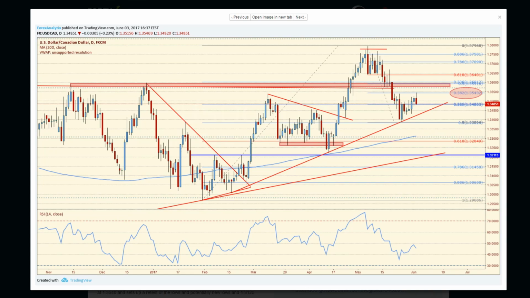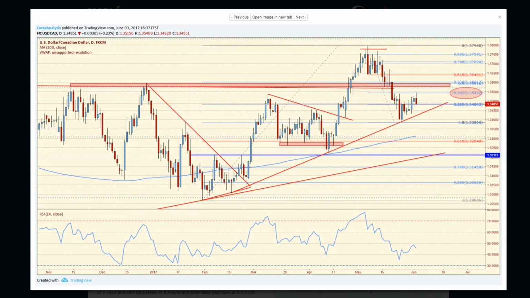So for the dollar Canadian, considering that the US dollar is still very weak, if we do break this 134.30, 134 support, this trend line support, that should open a trap door for the US dollar Canadian back down towards 132, and that's what I'm focused on.